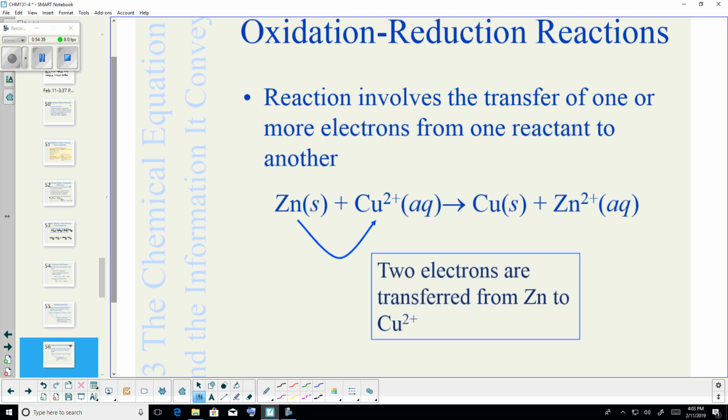Energy? What kind? I mean, transfer of electrons, it's in the name. We commonly know it as what? Go ahead. Electricity.